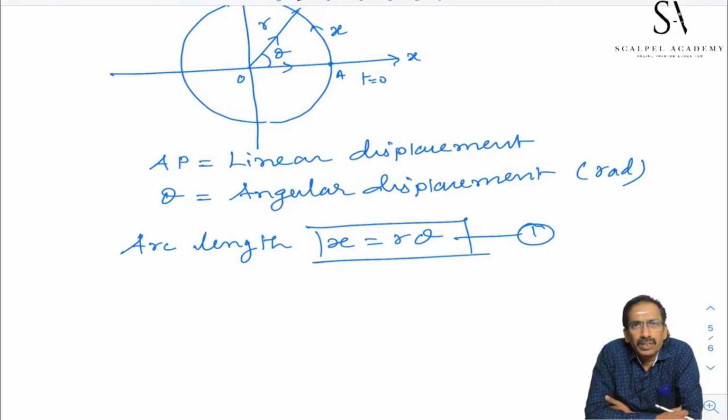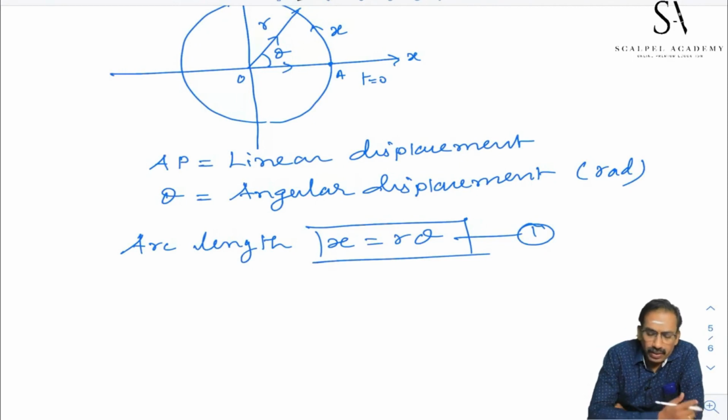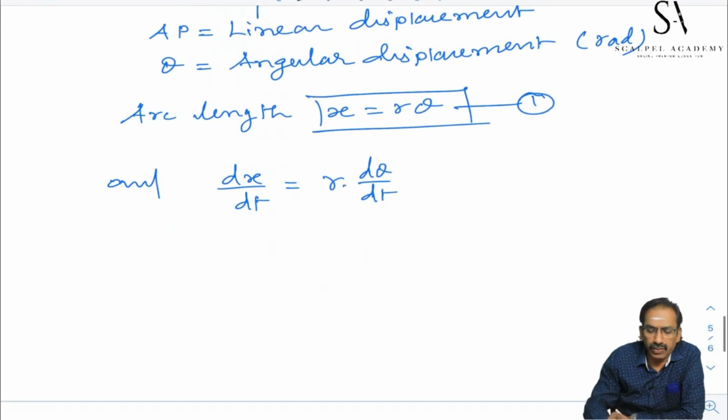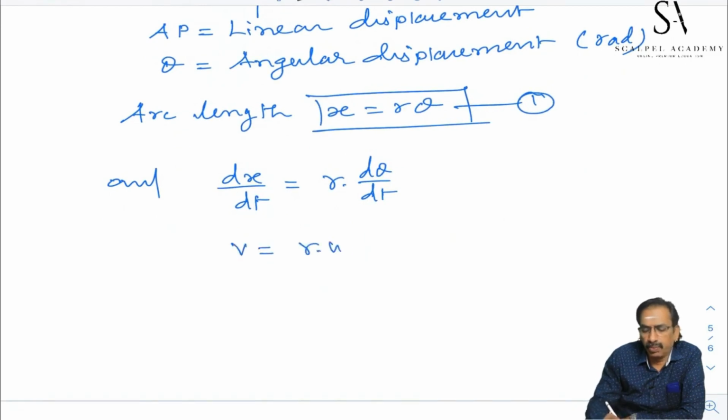Okay, students, what is meant by angular velocity? The rate of change of angular displacement is called angular velocity. dx by dt, the rate of change of linear displacement, is called velocity. Therefore, dx by dt, if r is constant, and d theta by dt, gives v is equal to r into omega, where omega is called angular velocity.